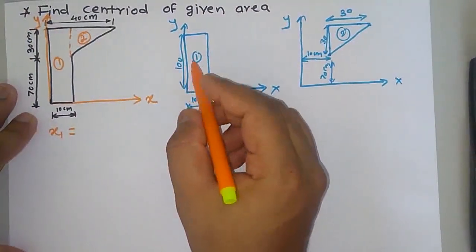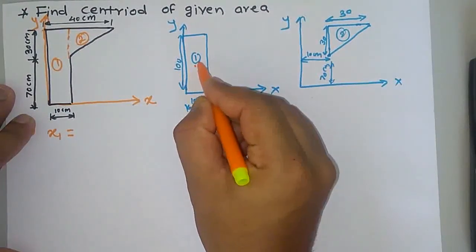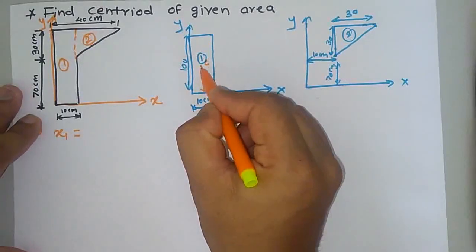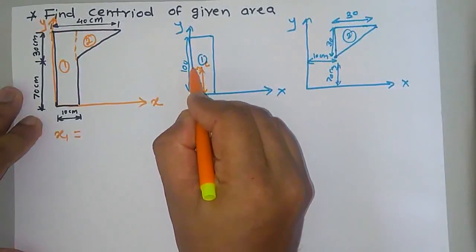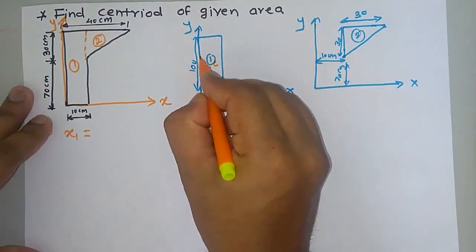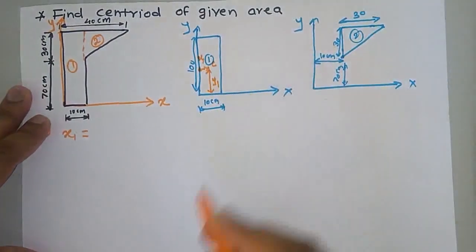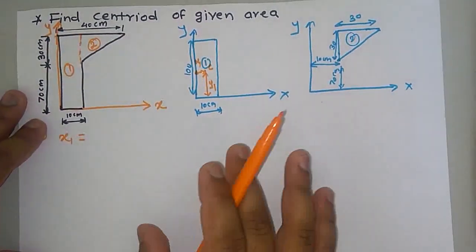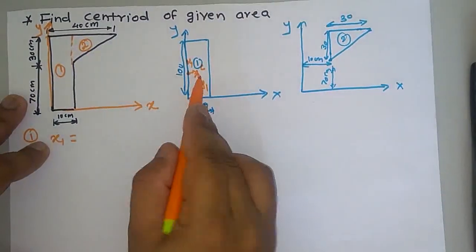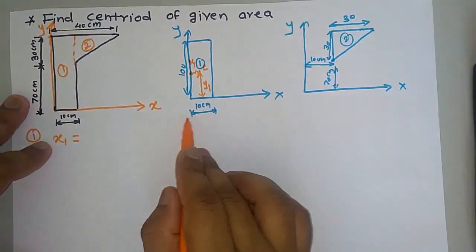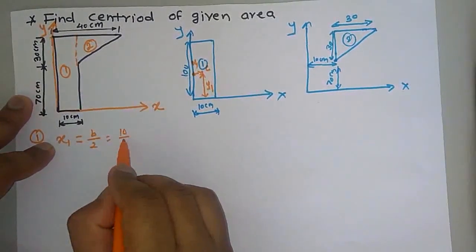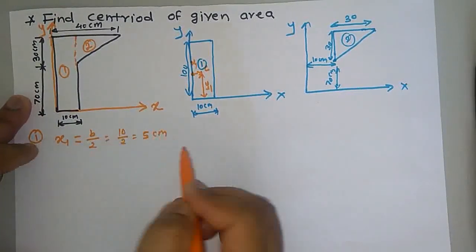This rectangle will have its coordinate somewhere here, C. So we need to find the coordinates of this rectangle. This is x1 and this is y1. These x1 and y1 are the coordinates of the rectangle. So how to find x1? The formula is b by 2, and this is 10 by 2, it is 5 centimeter.